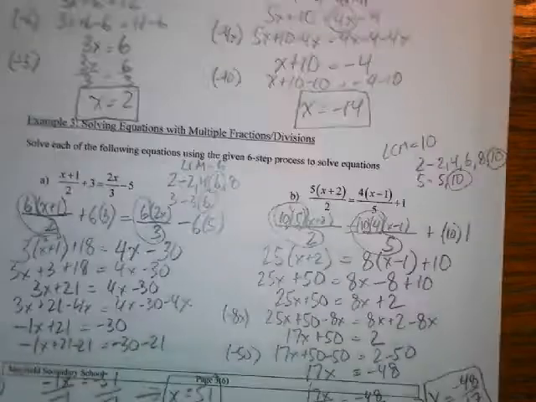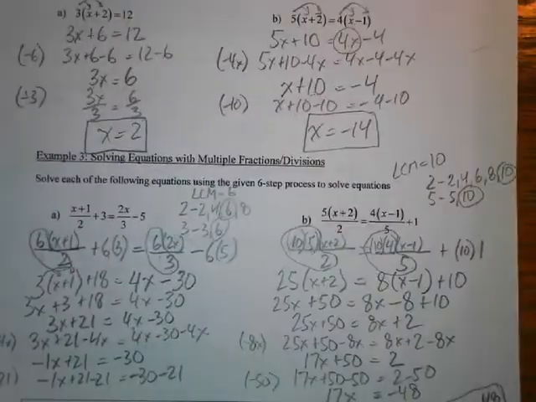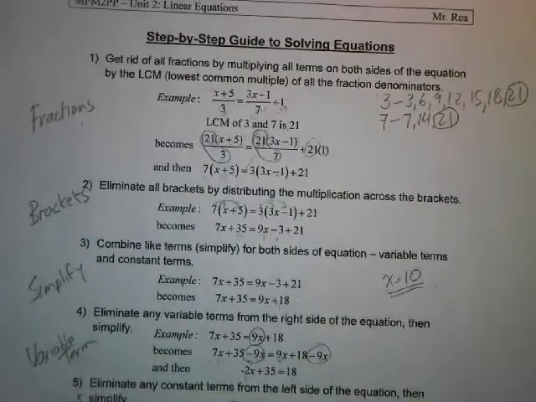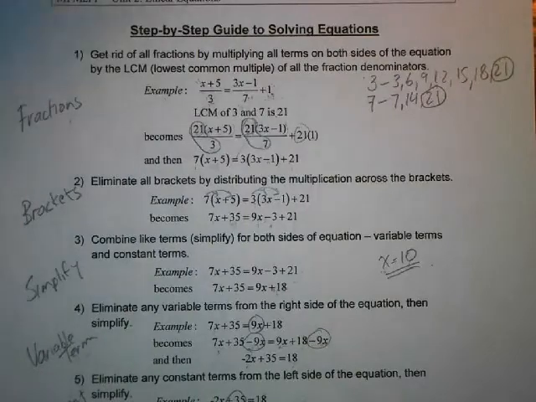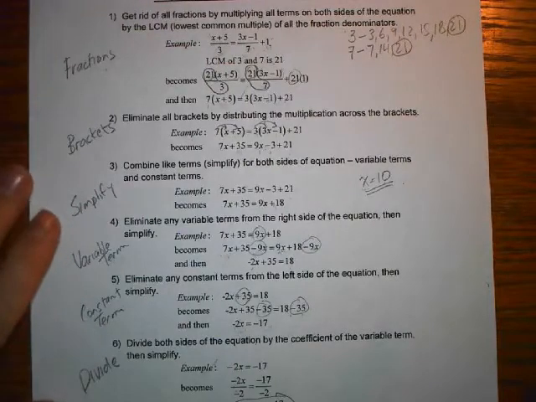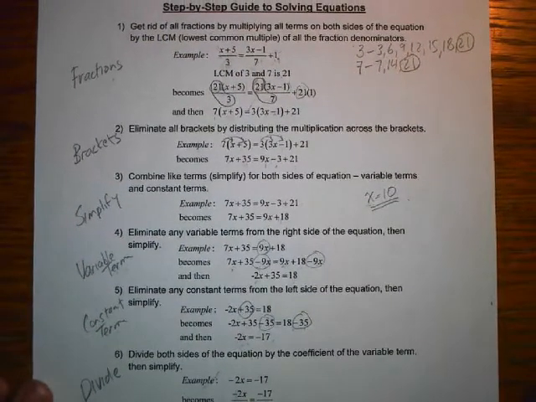Okay, so hopefully these 6 examples showed you some more complicated equations to solve compared to the first lesson. And I'm also hoping that this step-by-step guide, let me zoom out to show you the whole thing. Okay, it's all 6 steps right there.